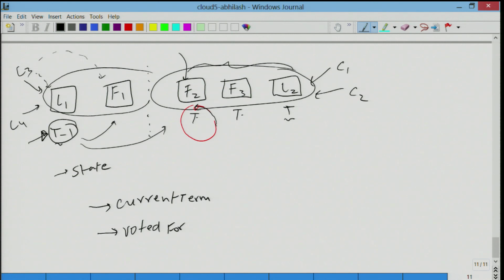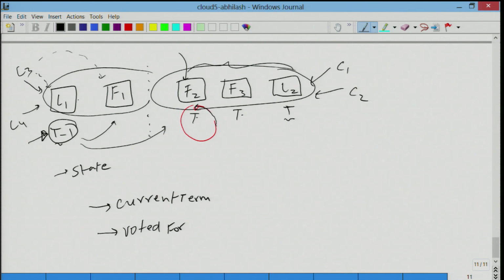Does voted for need to go onto disk? This could be in memory because it changes so often. So voted for is for the current term: who did I vote for in the current term? Maybe it is null initially, because I didn't vote for anyone, but as soon as I hand out a vote, I set who I voted for. If it is in memory and it restarts, then it could vote for two different candidates. Yes. So if it is in memory, we can forget who we had already voted for.